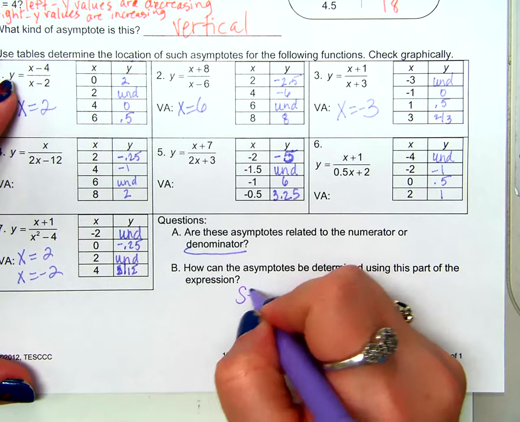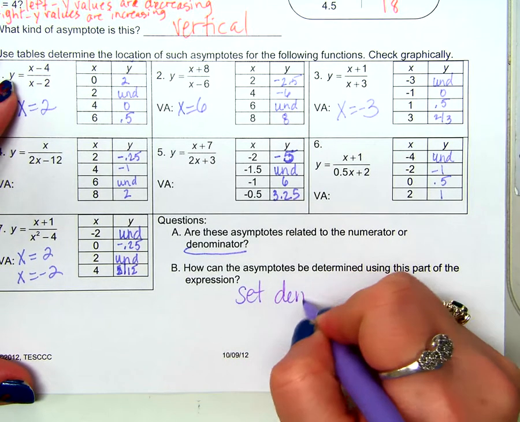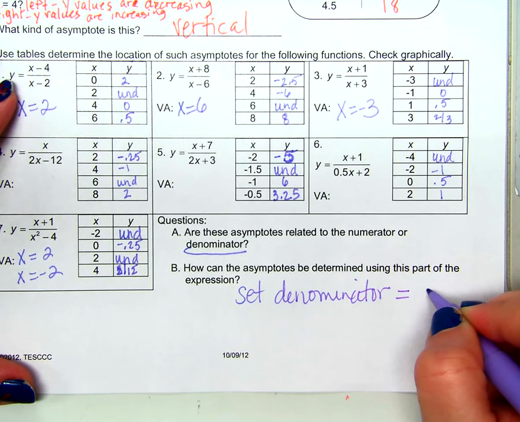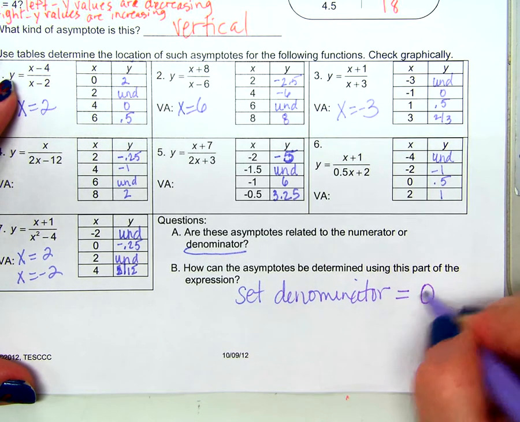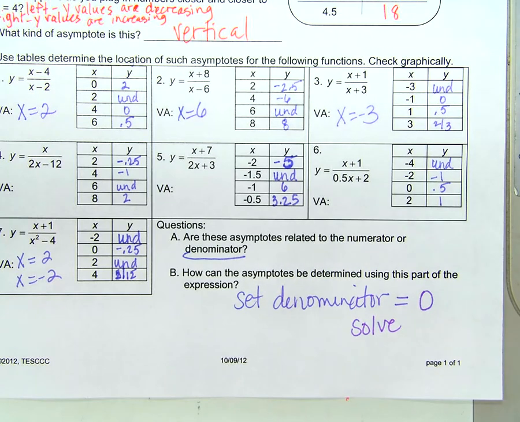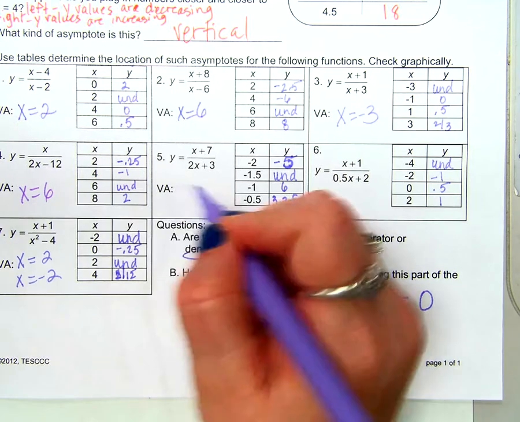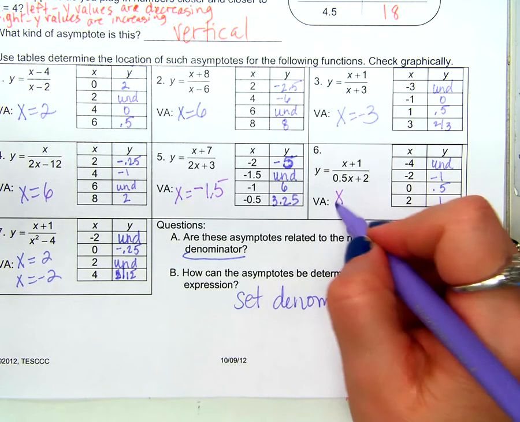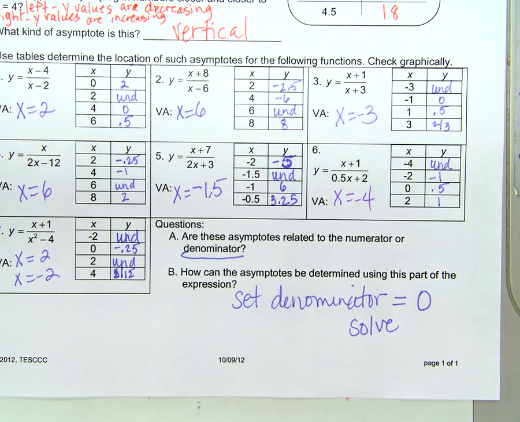If you set the denominator equal to 0 and solve, you will get the asymptotes. Okay? This one's x equals 6. This one's x equals negative 1.5. This is x equals negative 4. Okay?